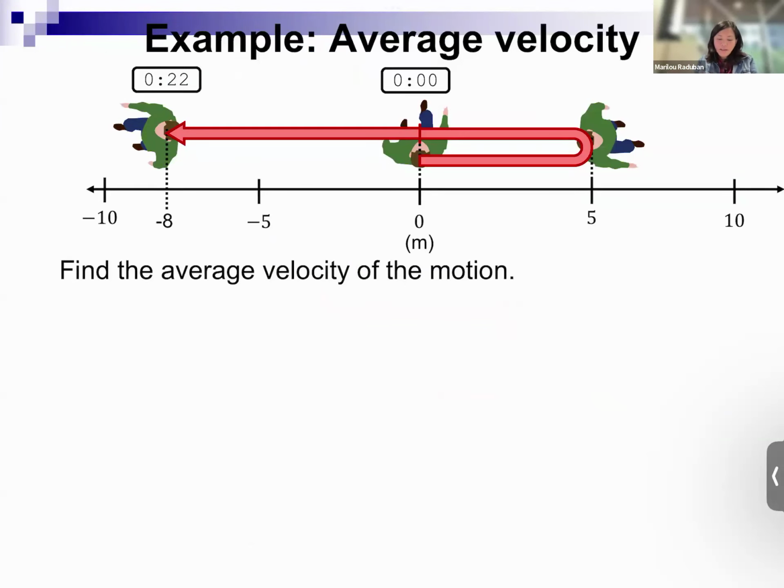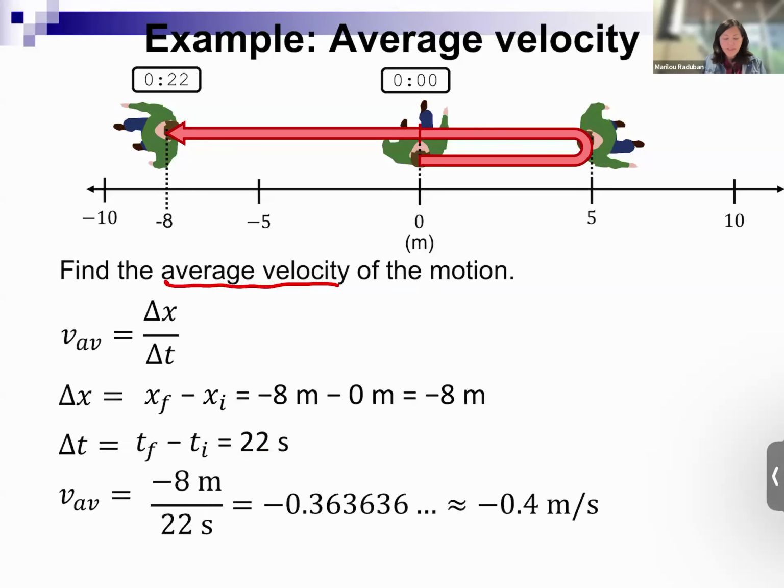All right, so looking back at this same example that we used for the average speed, how is the average velocity of the motion different from the average speed? Okay, so we want to find the average velocity of this person's motion with the same conditions as the average speed example we saw earlier. The main difference is that instead of finding the distance, we now need to find the displacement.